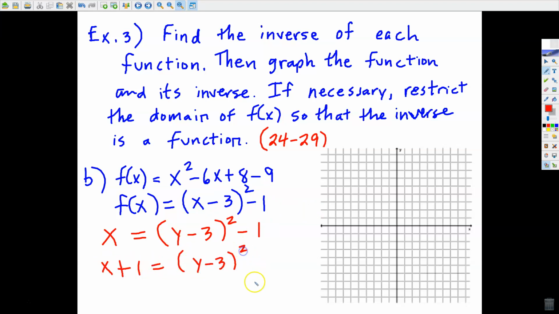All right, and Maddie, what would be the next step to solve for y? Okay, square root of both sides, so don't forget plus minus. Sorry. Back up. X plus 1.